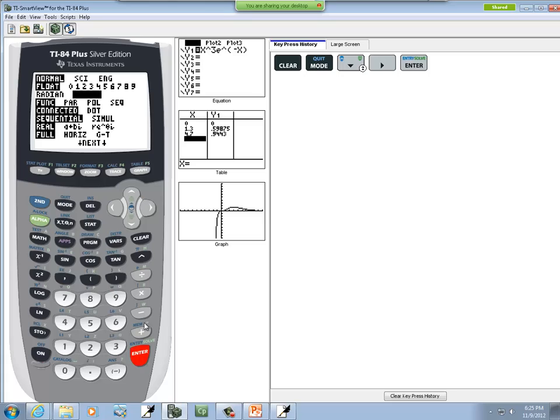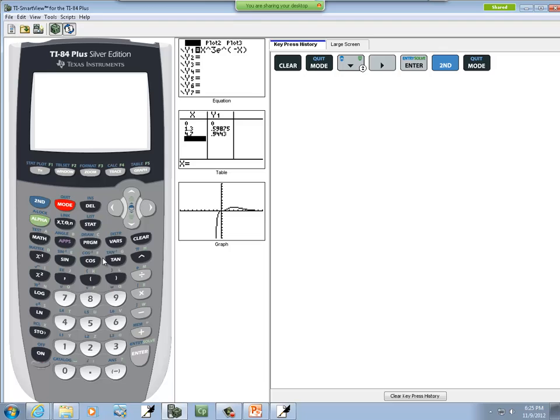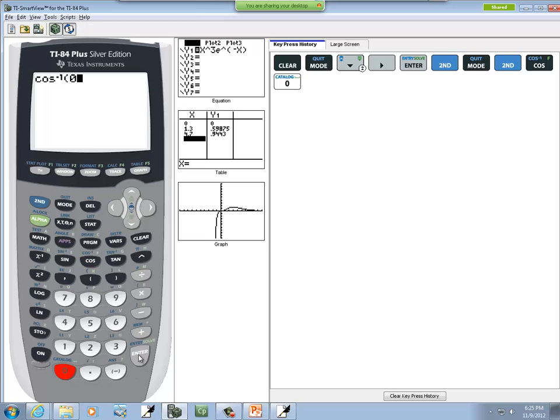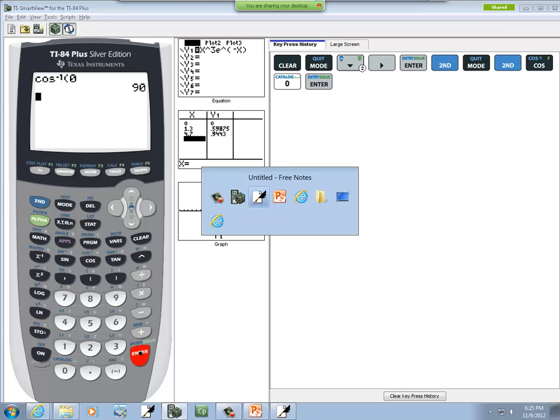Mine is, so I don't need to do that. But then second mode, exit out. Okay, we got inverse cosine of 0. So I do second cosine. That's also called arc cosine. And then I put 0 in. And it tells me 90 degrees.